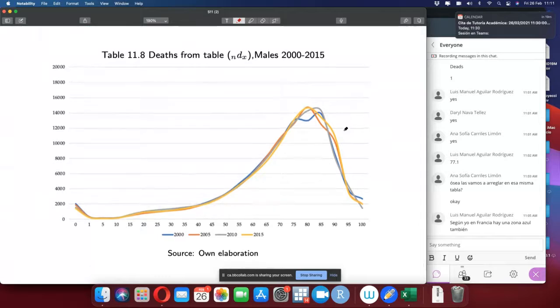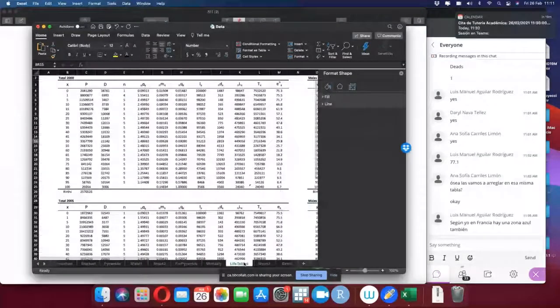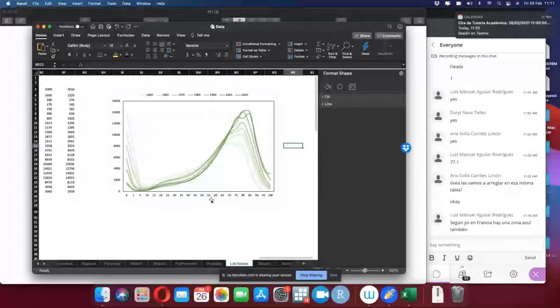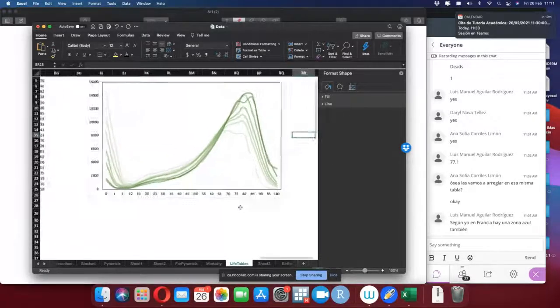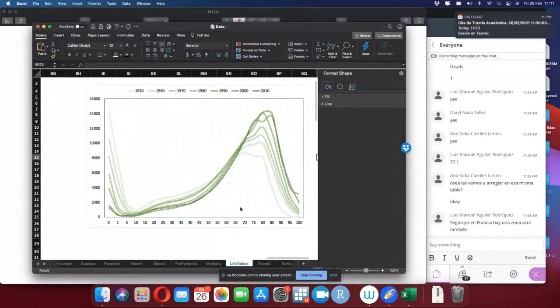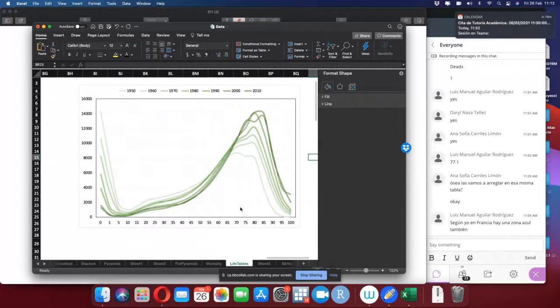And actually, and this is the last thing that we're going to discuss, there are some people working on this. This is from 1950 all the way to 2010. This is for men. I didn't include 2020 because we don't have the information from that.